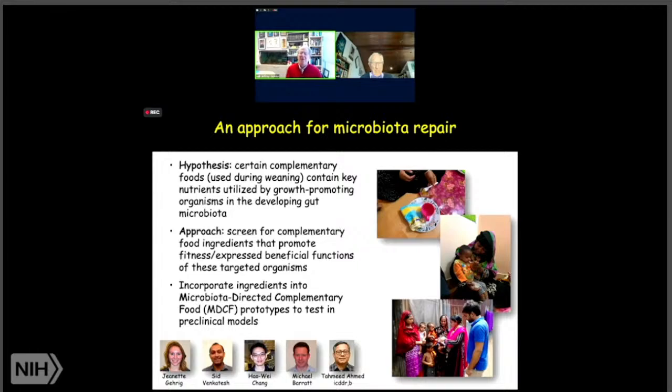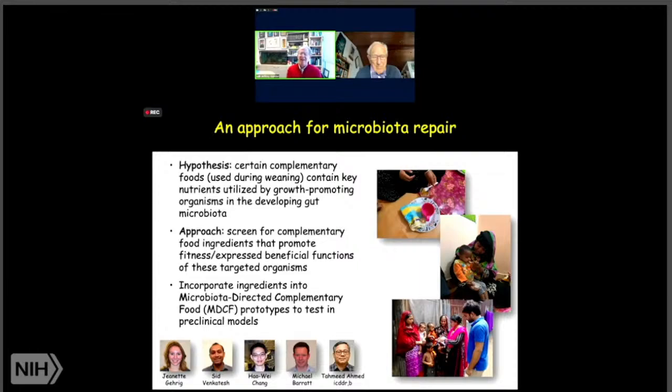But these types of foods also embody the choice that every family around the planet has to make. What food should I select to ensure the healthy growth of my infant or child? So in approaching this mining expedition of identifying complementary foods, we're really approaching this set of decisions about how to feed our infants and children.